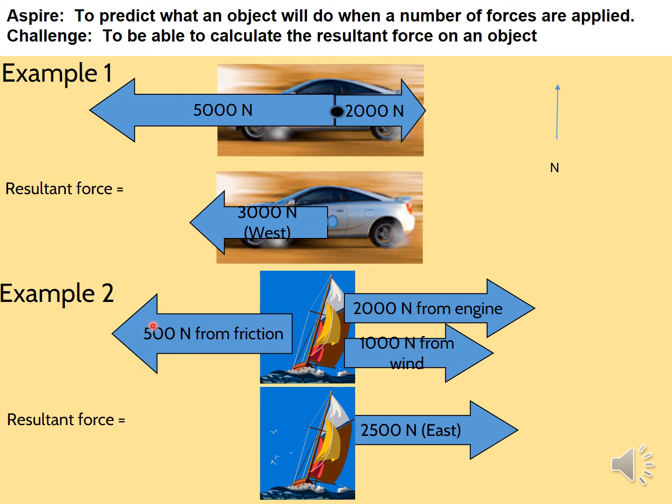We have 500 newtons here acting west, and we're going to subtract that from it, leaving us with a resultant force of 2,500 newtons acting east. So as long as we take the format and we take the information in the question, we should be able to do some simple calculations using resultant forces.